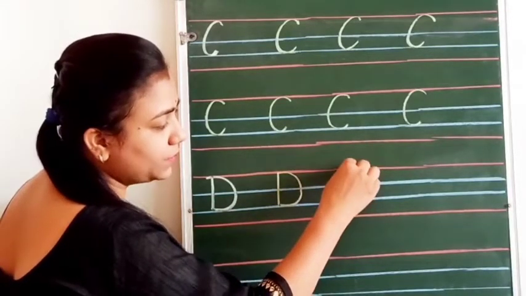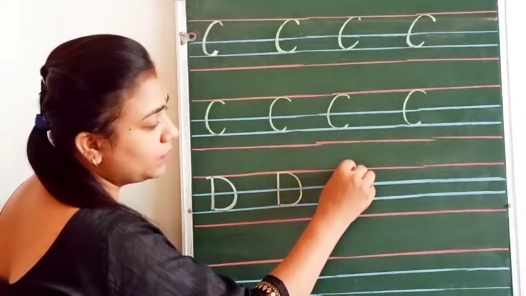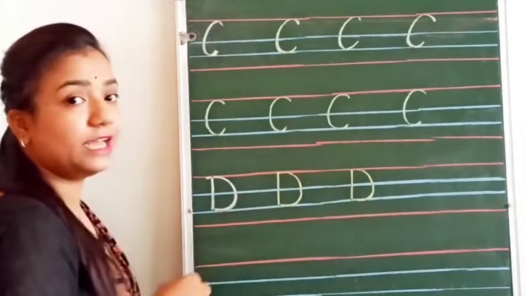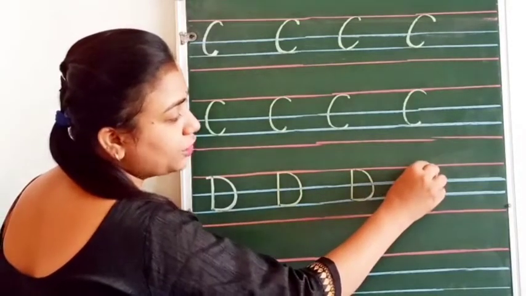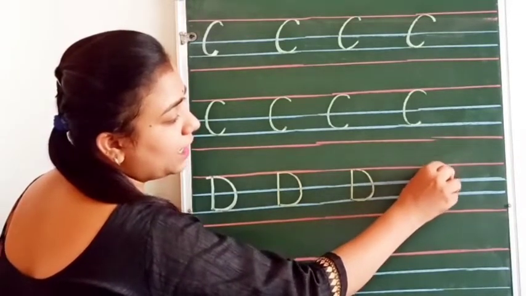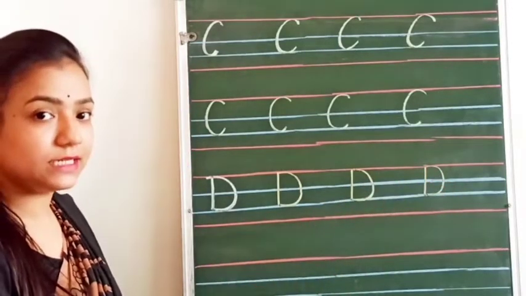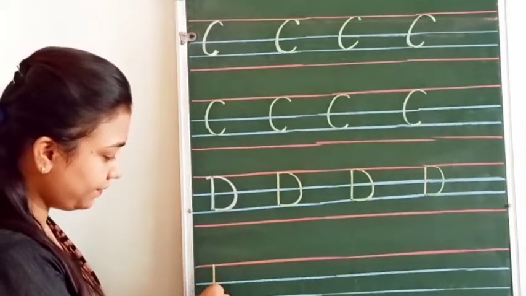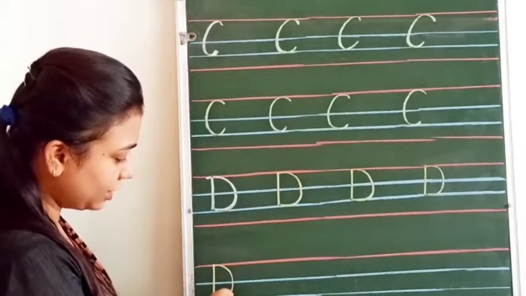Starting from the top, come down, touch the third line, then go up, come down, make a curve and then touch the third line. This is letter D. Starting from the top, come down, go up, make a curve till the bottom line.